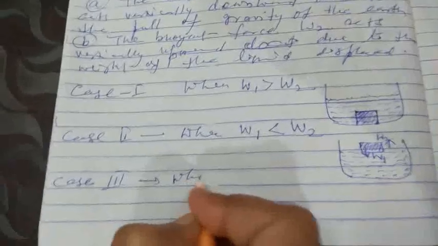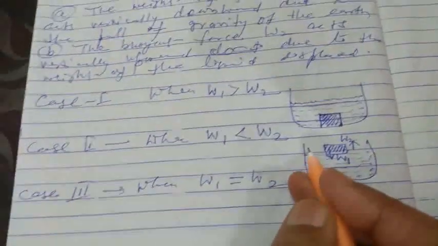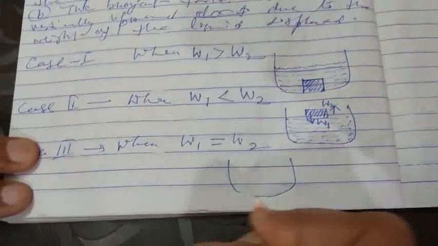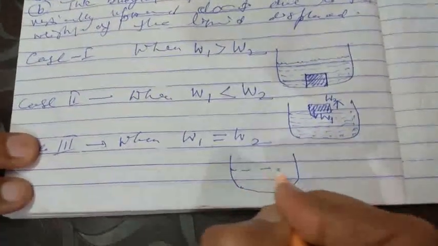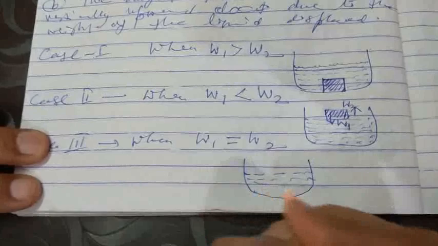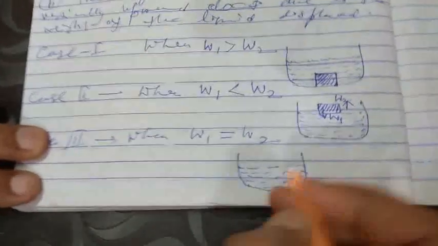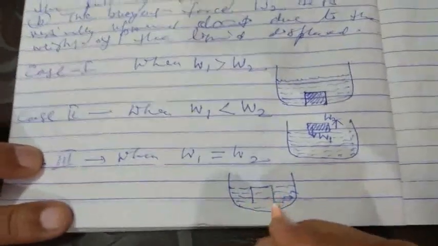Now, case 3. When W1 is equal to W2, then the body floats just inside the surface of the liquid. See here, this is the liquid and this is the position of the object.